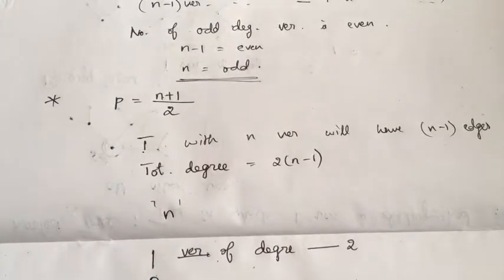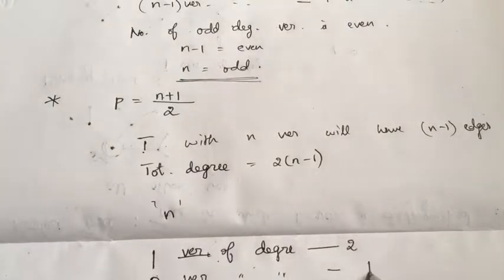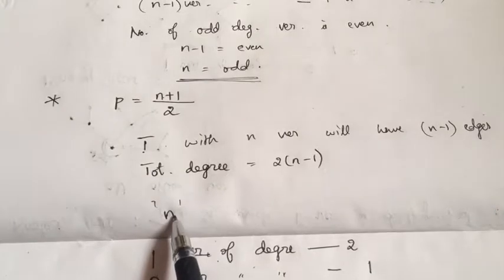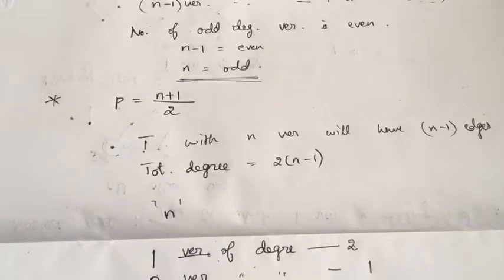What is the degree of a pendant vertex? It is 1. So there are p pendant vertices of degree 1. How many vertices remain? From n, 1 is of degree 2 and p are of degree 1, so n minus p minus 1 vertices are left.